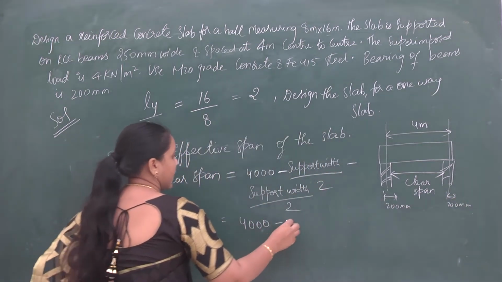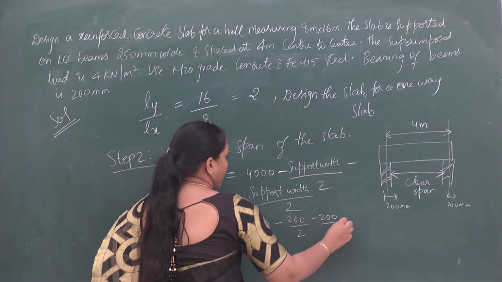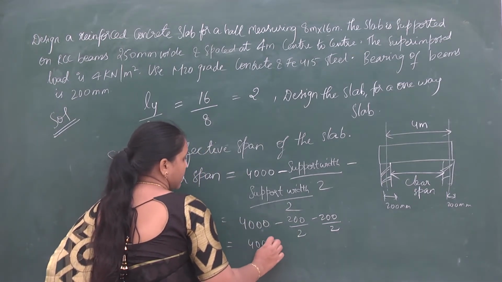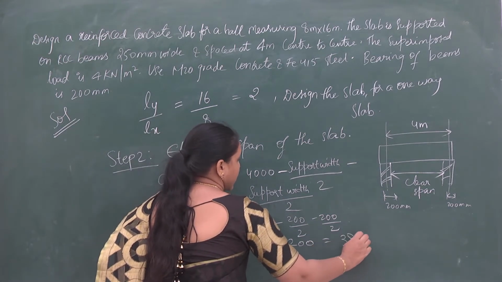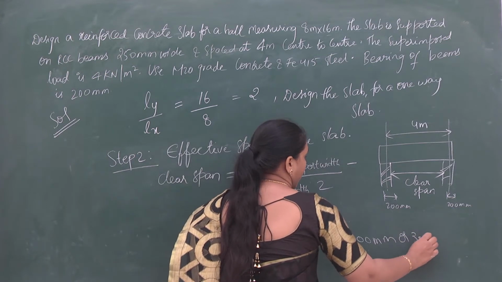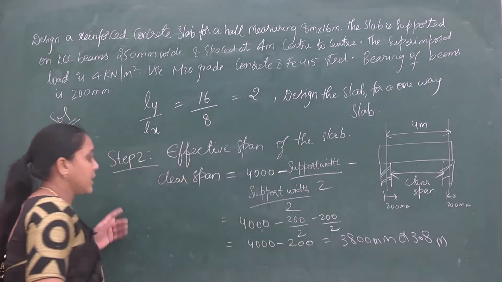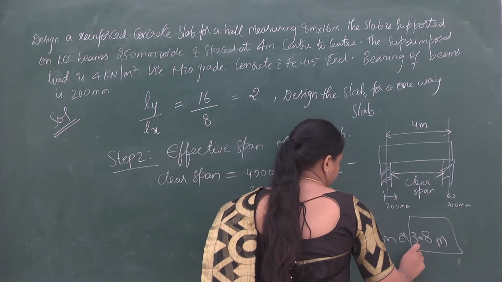So 4000 minus 200 divided by 2 minus 200 divided by 2, which will give you 4000 minus 200, which is 3800 mm or 3.8 meters. So what is the clear span? The clear span is 3.8 meters.